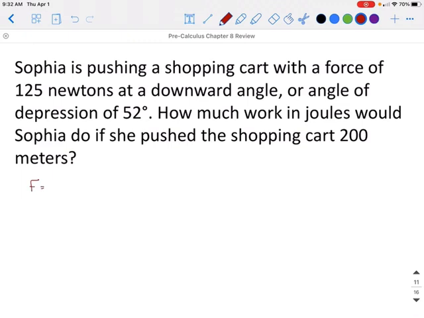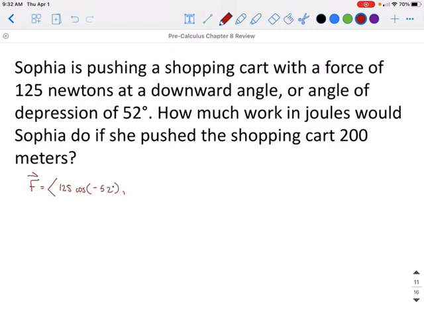Sophia is pushing a shopping cart with a force of 120 newtons at a downward angle of 52 degrees. So first we need to find the force as a component vector, the component form of the vector. Remember, it's going to be magnitude times the cosine of the angle.